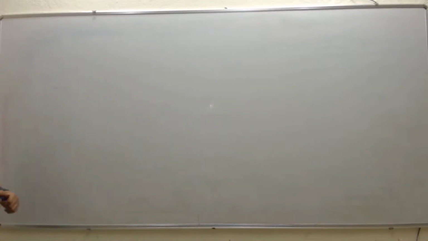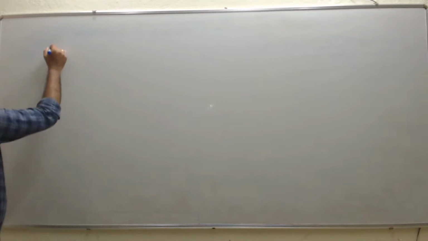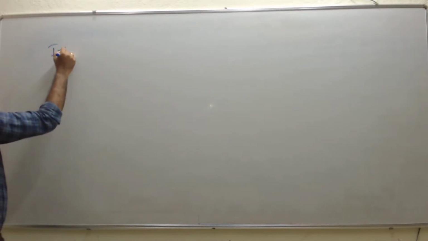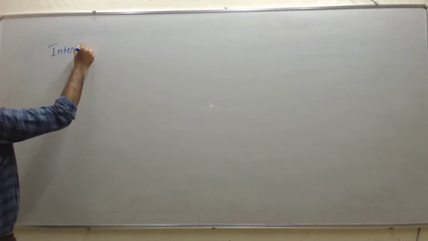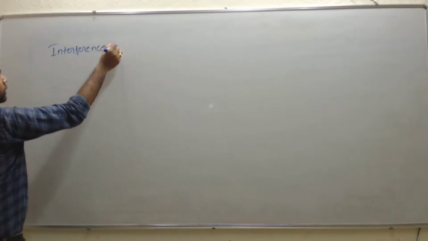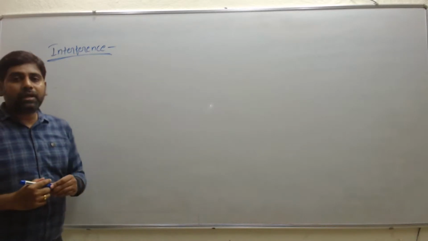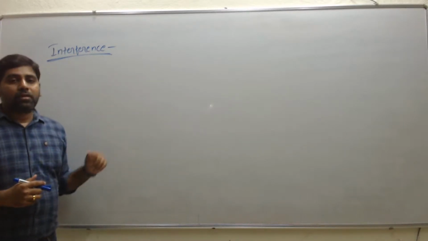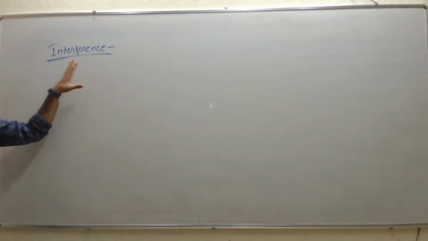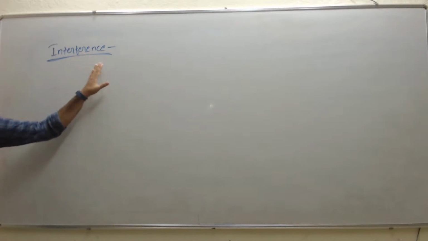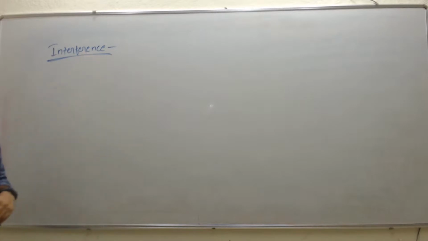Right. So the next topic is interference. This is the phenomenon. What is interference, and what happens in interference, by using the principle of superposition, we are going to discuss.